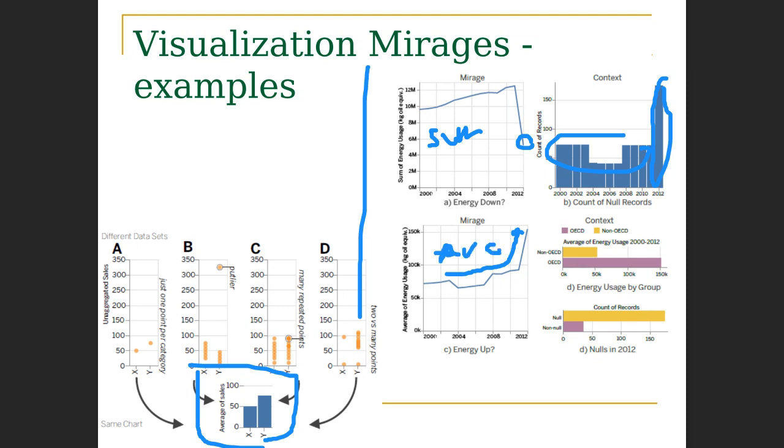Why is it not true? Look at the C part. Here, you can see that OECD countries consume more than double the energy of non-OECD countries. However, in the year 2012, which is this graph here, again, nulls, how many nulls do I have?